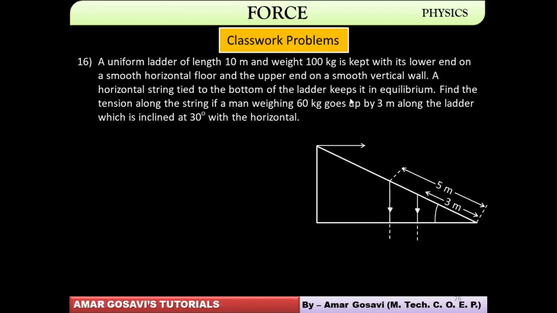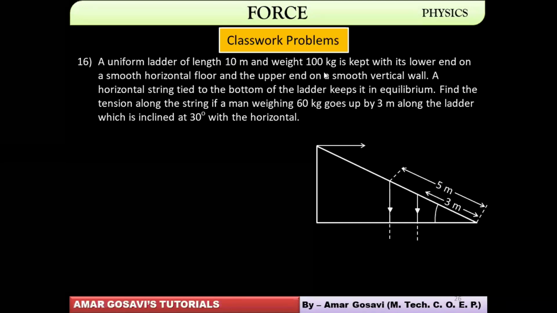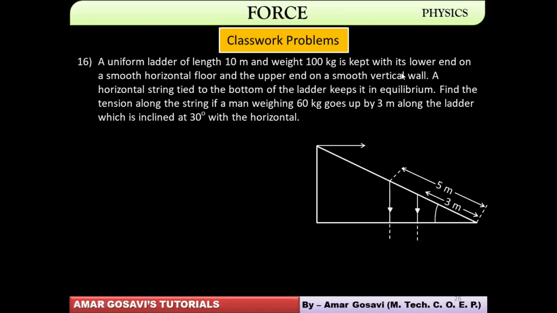Now what they say, the ladder of 100 kg is kept with its lower end on a smooth horizontal floor. You can see the lower end is on a smooth horizontal floor and the upper end is on the smooth vertical wall. A horizontal string is tied to the bottom of the ladder and it keeps it in equilibrium.